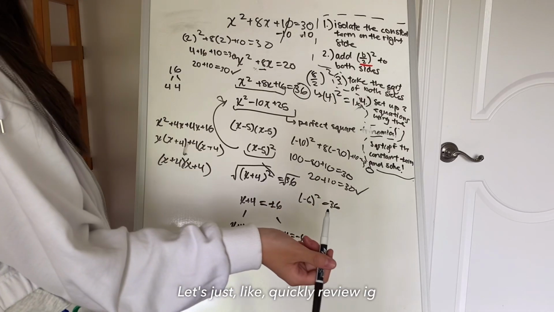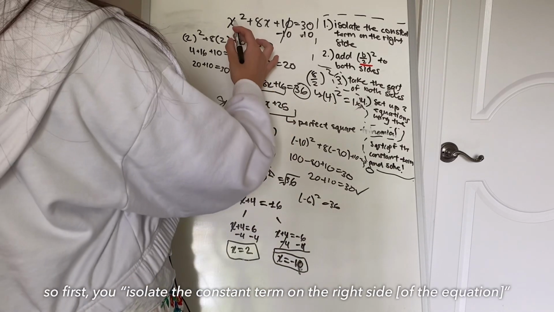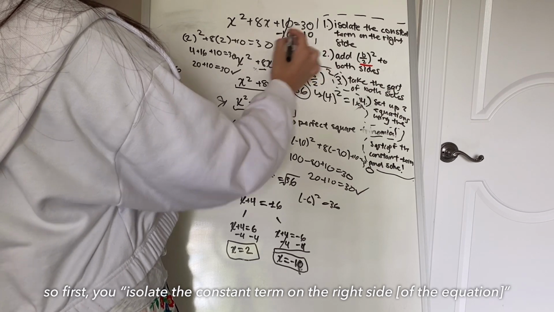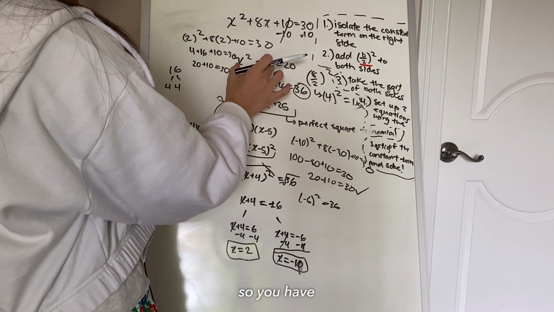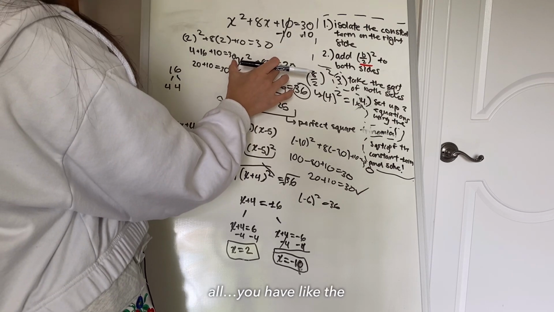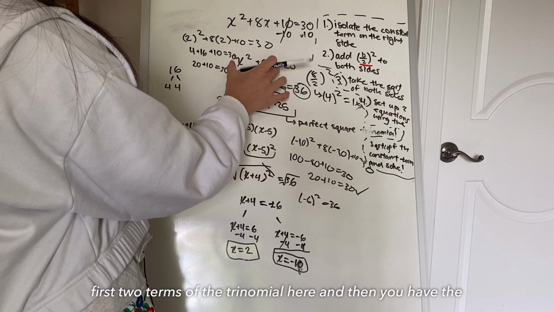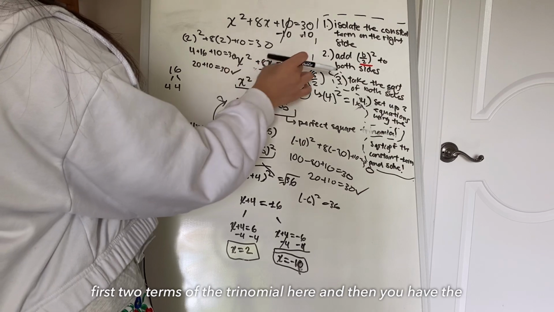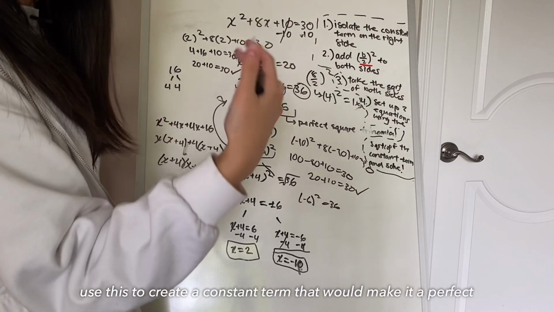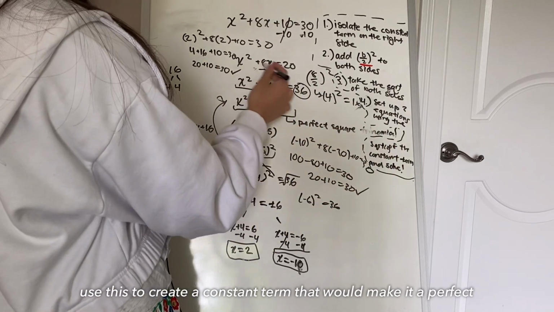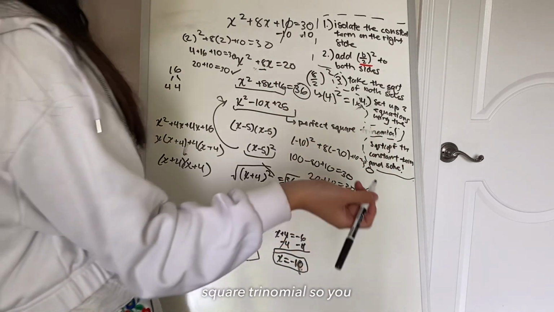Let's just quickly review. First, you isolate the constant term on the right side of the equation, which we did, so we got 20. You have the first two terms of the trinomial here, and then you have the constant here. You can use this to create a constant term that would make it a perfect square trinomial.